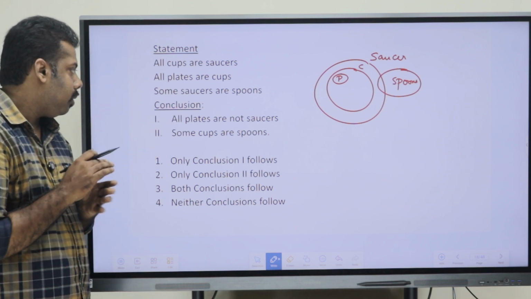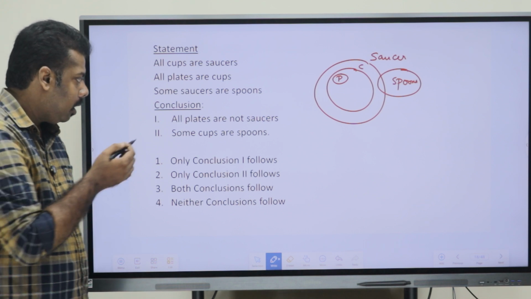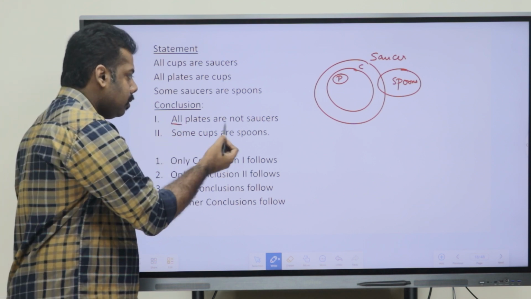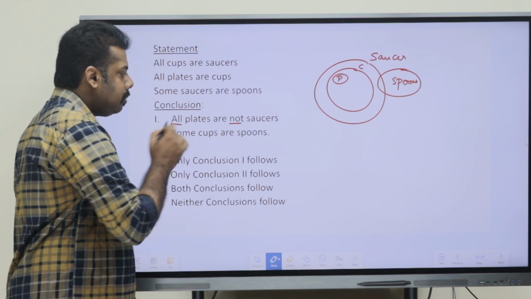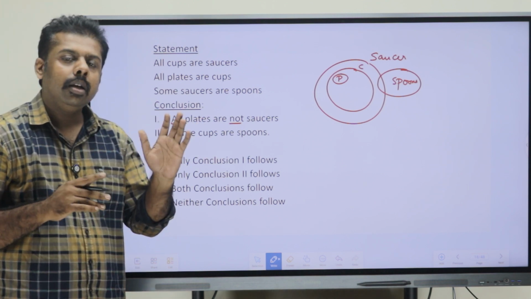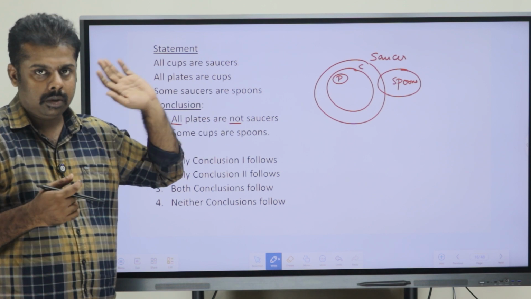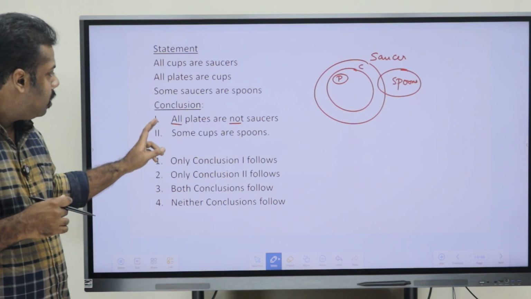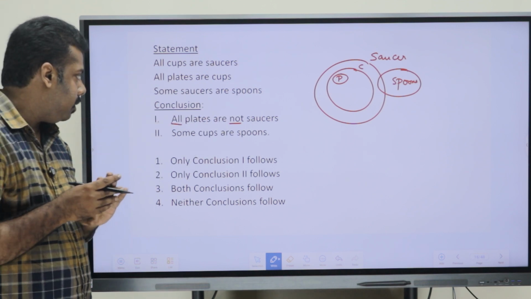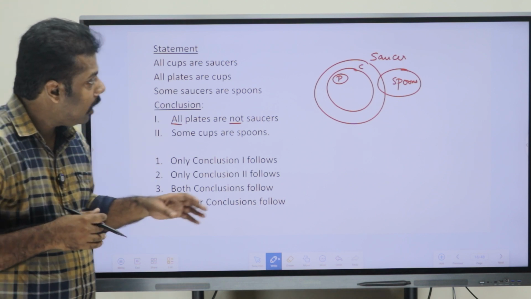What does the first conclusion say? All plates are not saucers. Okay. So here all not has come. So all not basically means some not itself. Okay. So as we already discussed in the secondary keywords, all not basically means some not. So just cross verifying it. Some plates are not saucers. Okay. So is it right or wrong?